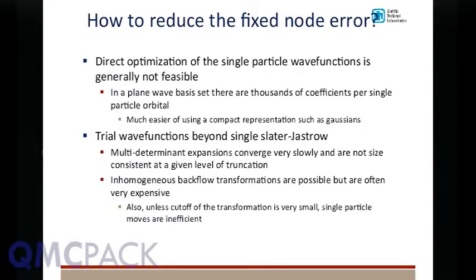Now, if you've used some sort of quantum chemistry basis to represent the wave function in the solid, this is probably tractable. There are certainly codes that do it. We typically are using this sort of 3D B-spline representation, and now you have many thousands of coefficients that you would have to optimize for each orbital, and then you might have to worry about something like a normalization constraint. So this isn't particularly feasible right now.